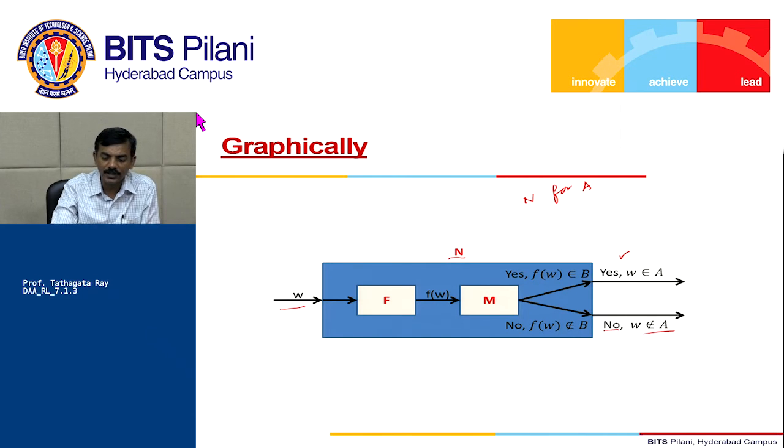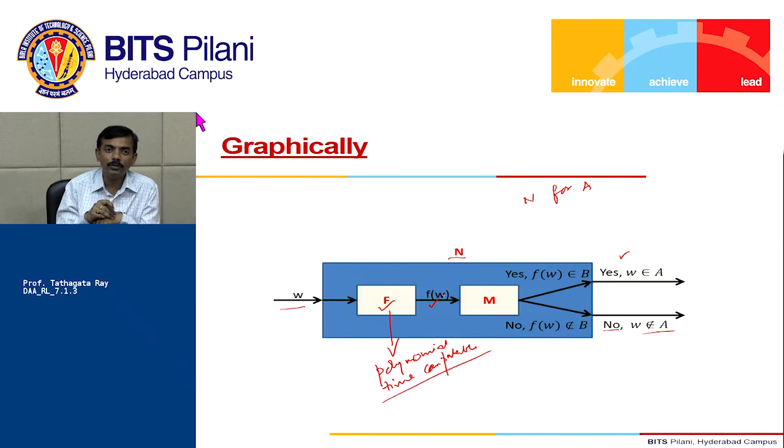I have to design such an N. So how are we going to design it? As soon as we get W, I can transform it in polynomial time using this function f to f(w). This function f is a polynomial time computable function, so it's going to take polynomial time.